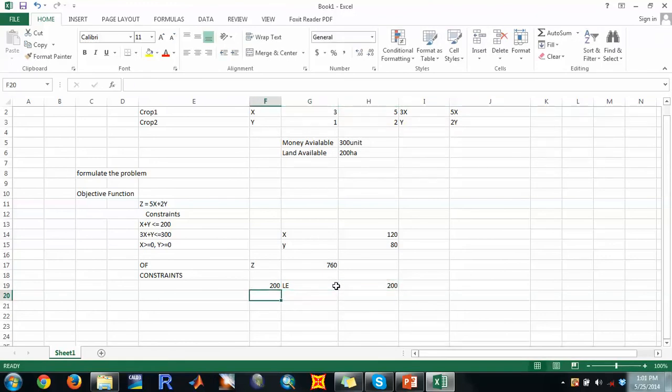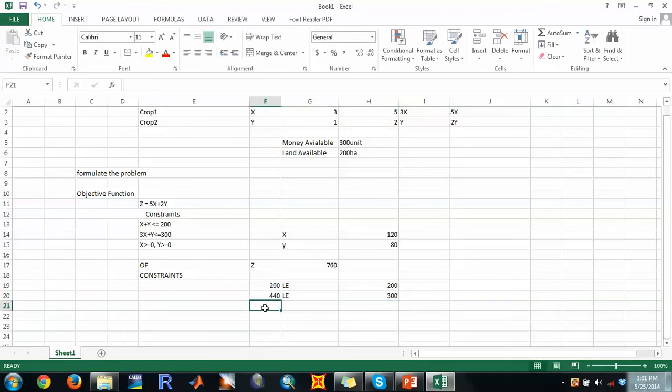And the second one is that 3x plus y should be less than or equal to 300, which is not fulfilling the conditions.